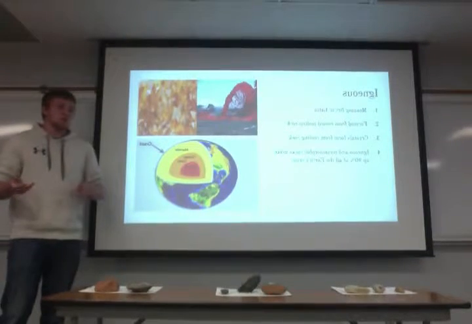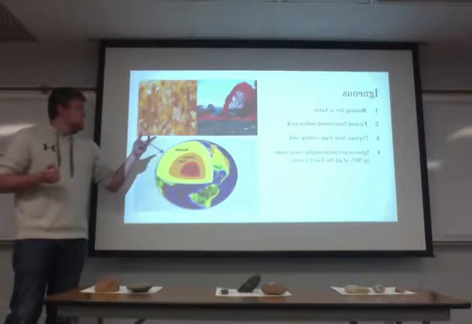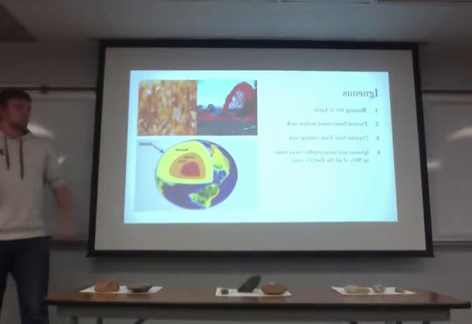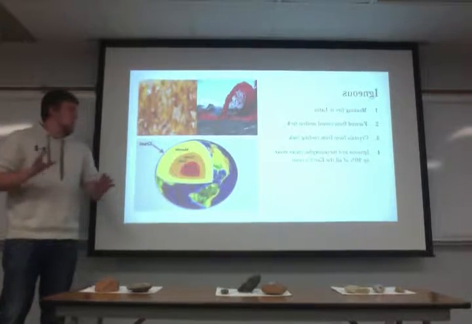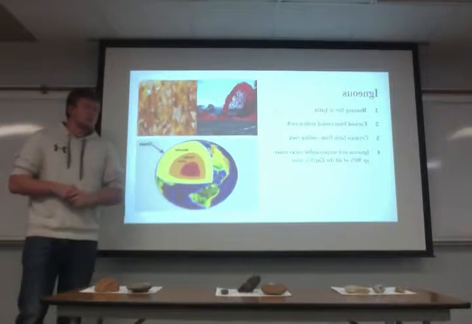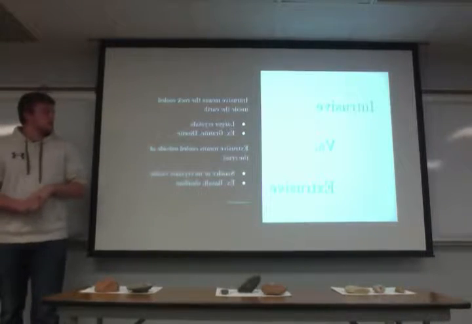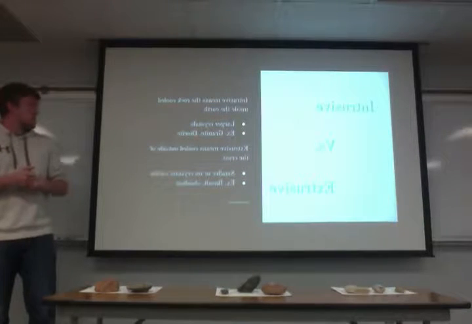It will cool faster, so the crystals will be smaller. They have less time to form. And igneous and metamorphic rocks make up 90% of the Earth's crust. So basically, the crust is just the surface of the Earth, and a majority of it, these two types, are just igneous and metamorphic.